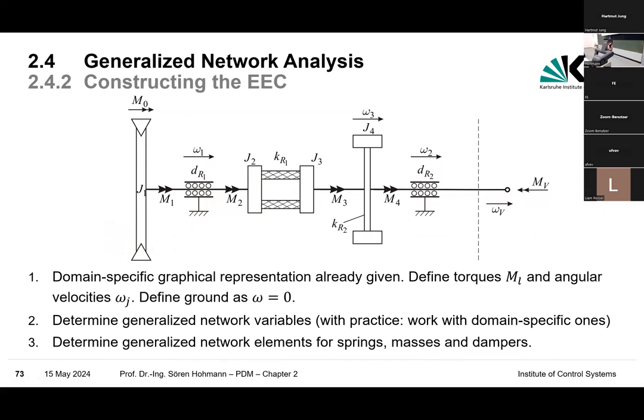Yes, that's right. Usually, if I want to represent it correctly, I need a coupling element, right? I just wanted to make the example as easy as possible. So you're right. If I want to represent it correctly, I need a coupling element in between, and there I need a velocity and the torque, and I boil it down to the torque.